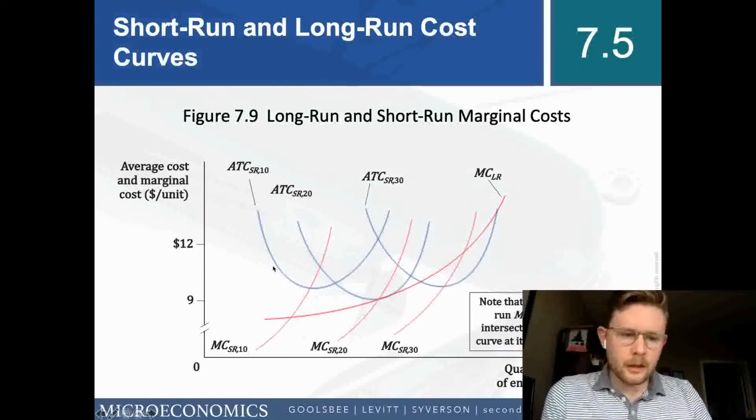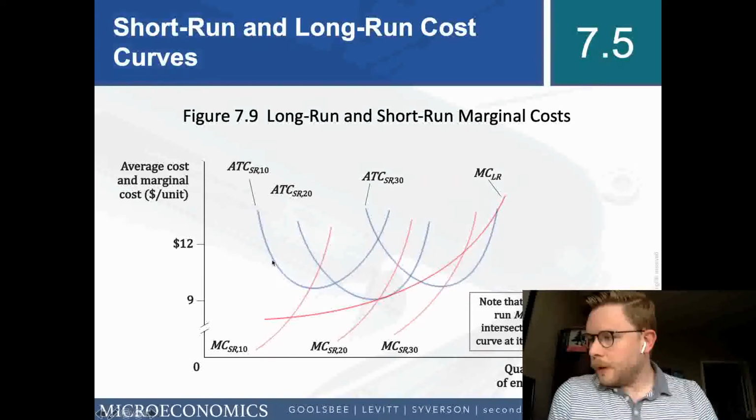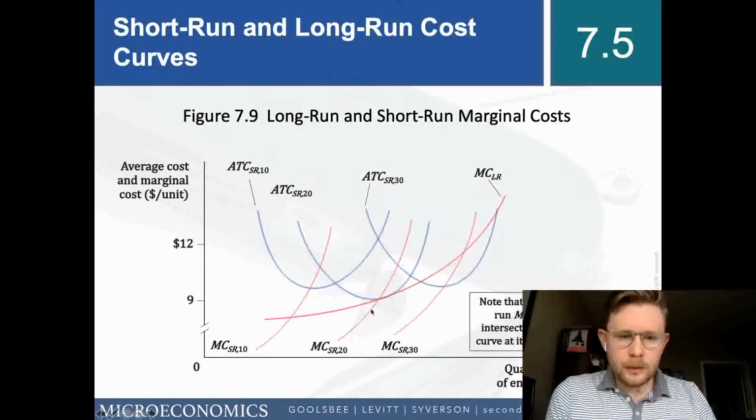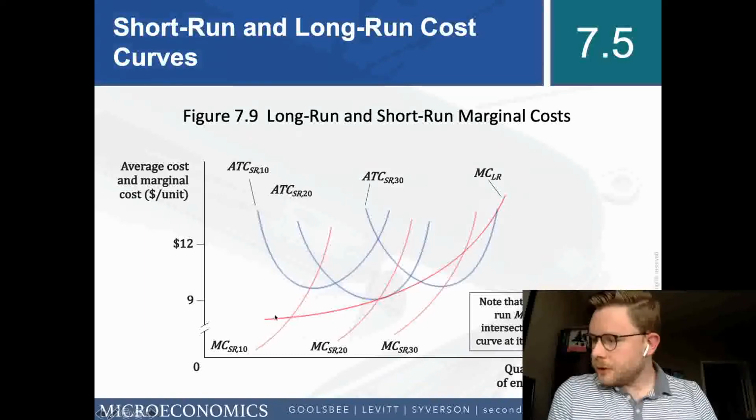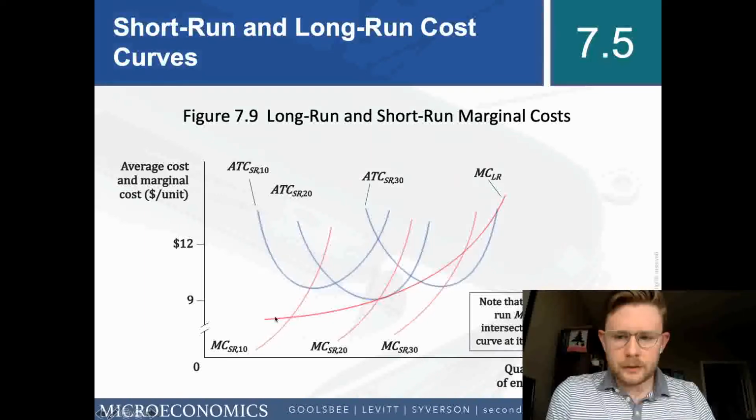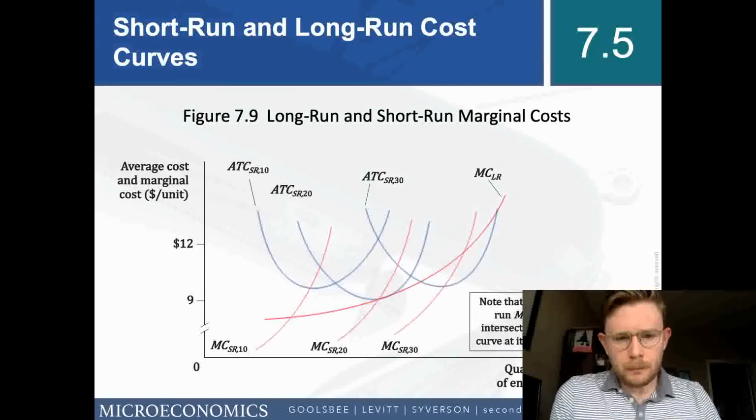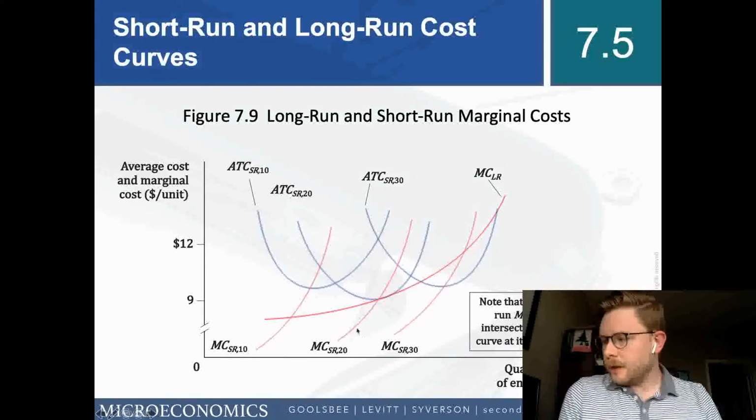However, since in the long run we operate at the lower envelope of average cost curves, this long run marginal cost curve will be flatter than the short run marginal cost curves. You can see that here the slope of this line is less steep than the slopes of these lines.